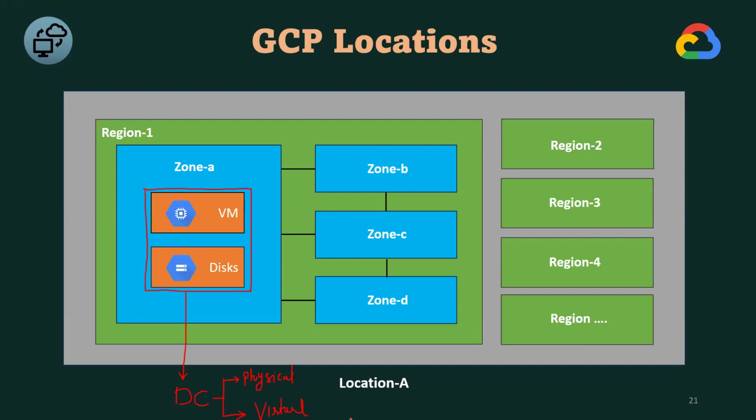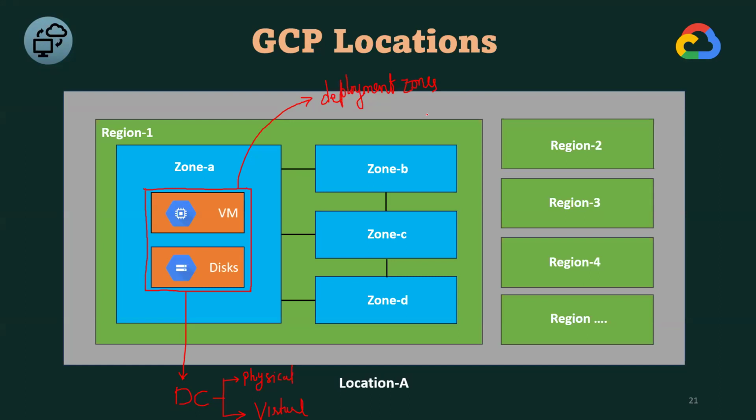On top of this data center only we are going to do the deployment. That's the reason zones are also called a deployment area. It is because on top of the zone only we will have the deployment.